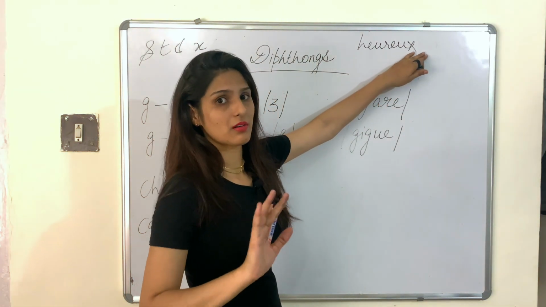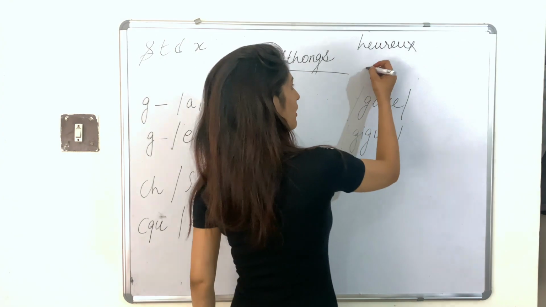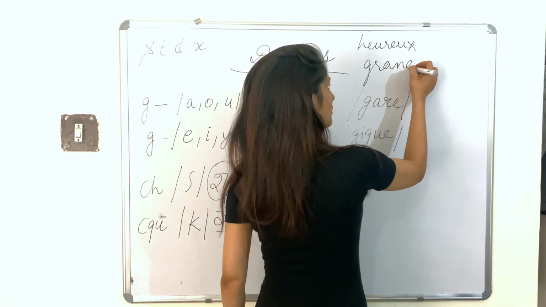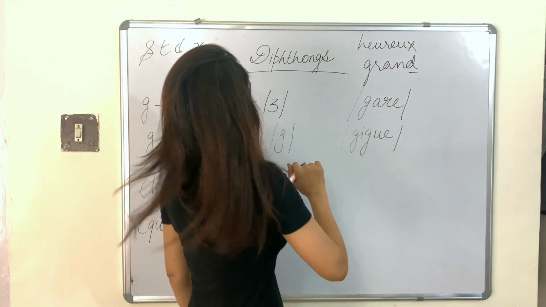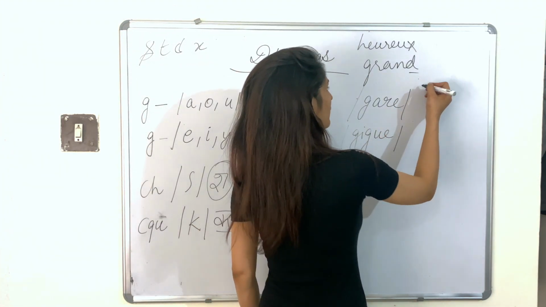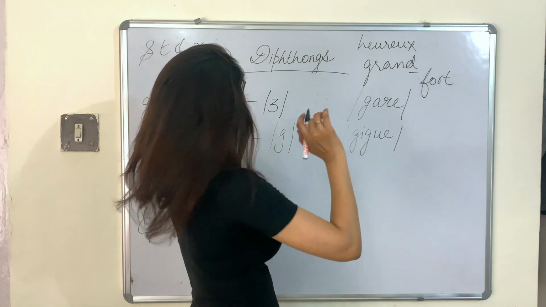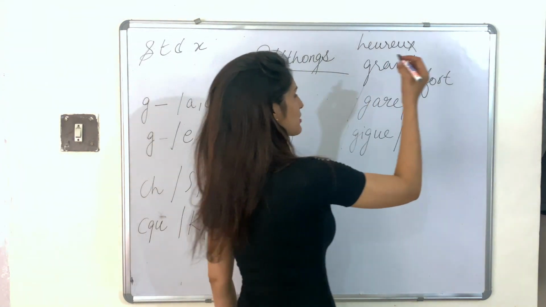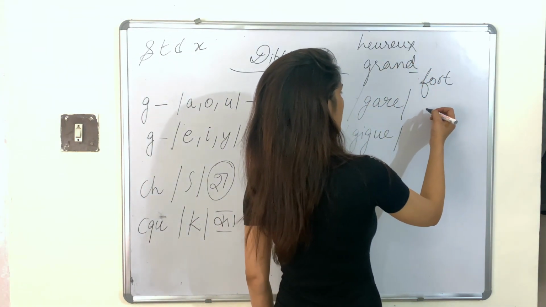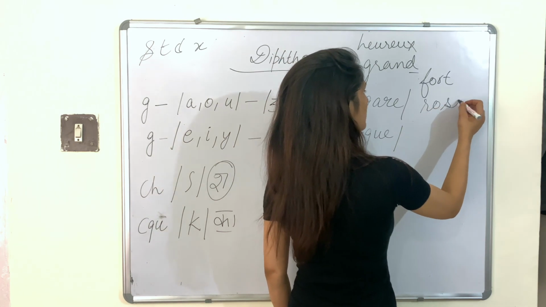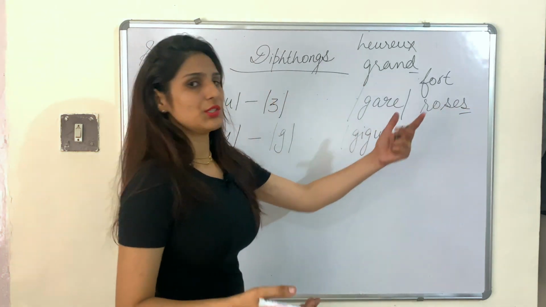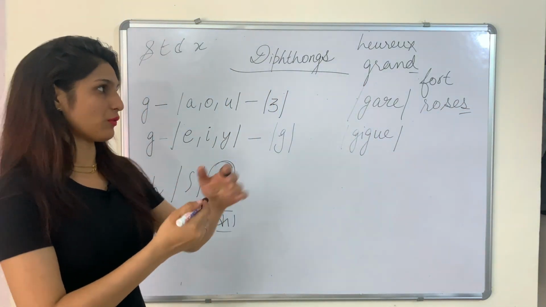We stop here. That's it. Grand. We stop here. And far. We stop here. With S, okay, let's just say rose, plural. You never say these four consonants.